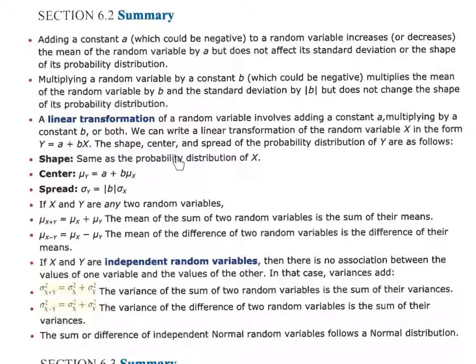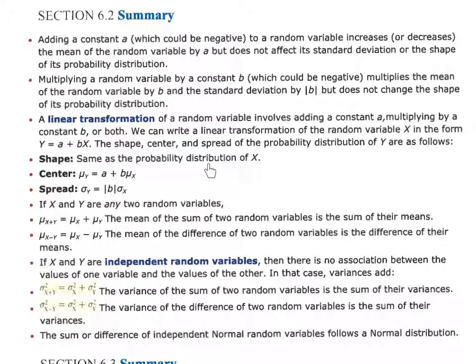The shape is going to stay the same no matter if you multiply or divide a distribution by a certain value. The center, what this is going to tell you is if you add or subtract, the center is going to change by that value. If you multiply or divide, the center is going to change by that value. Whereas the spread is not impacted by adding or subtracting, but it is impacted by multiplication or dividing, and it would be by the absolute value of it.